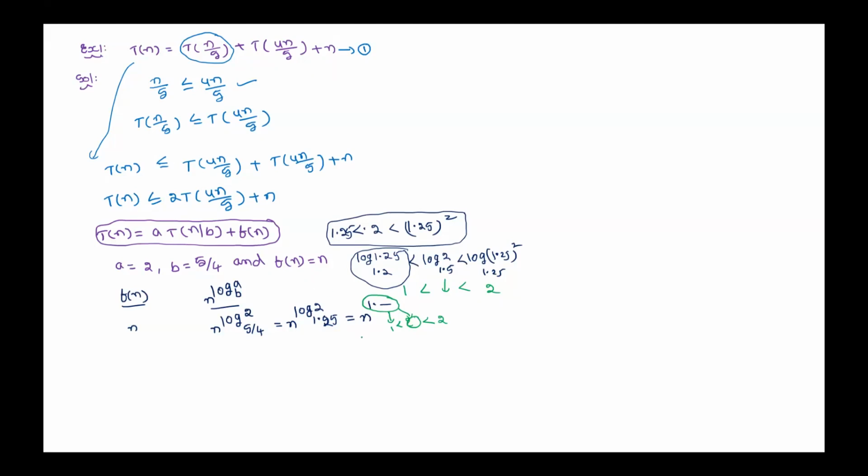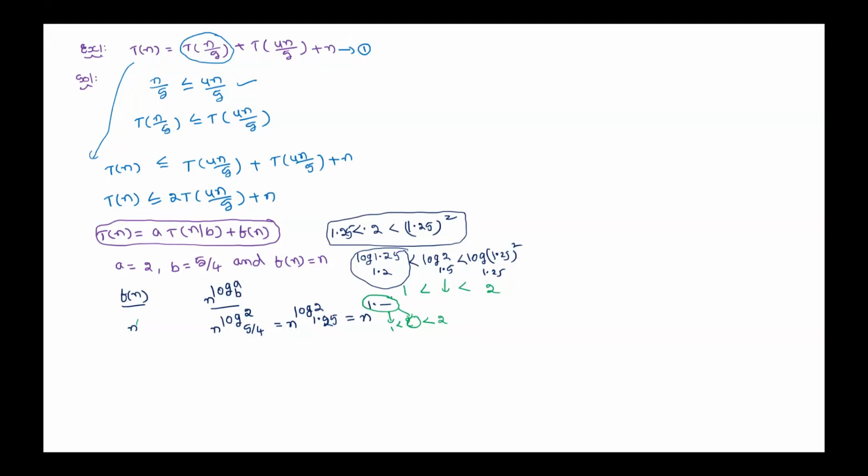On one side f of n is n, that is n power 1 only. Here it is n power 1 point something, so it is more than n power 1. Case 2 is not correct.